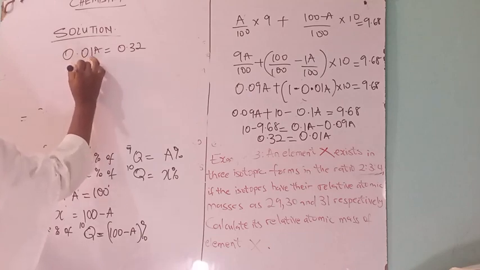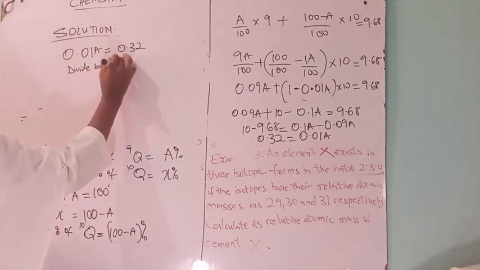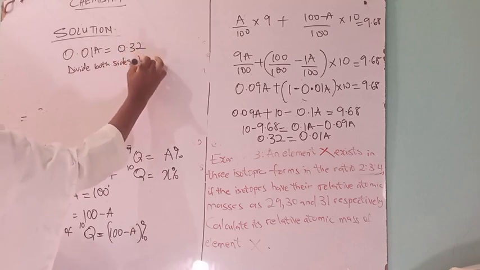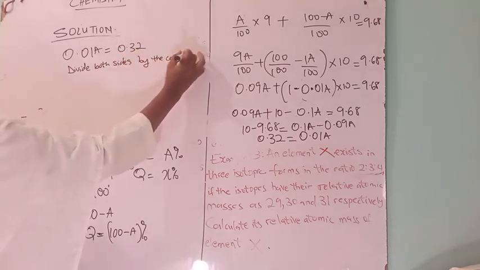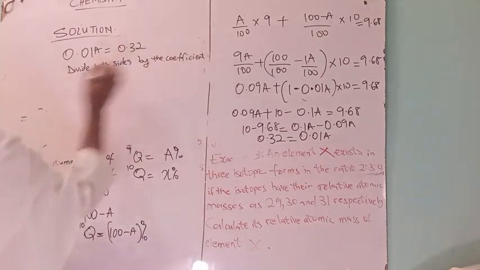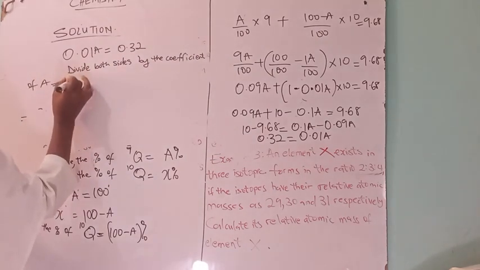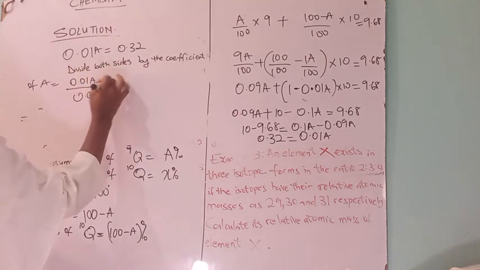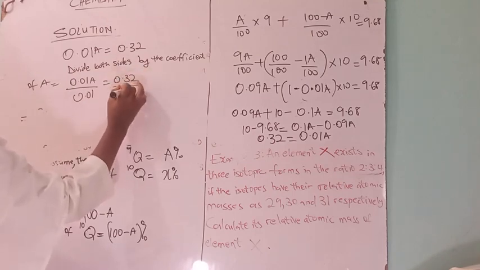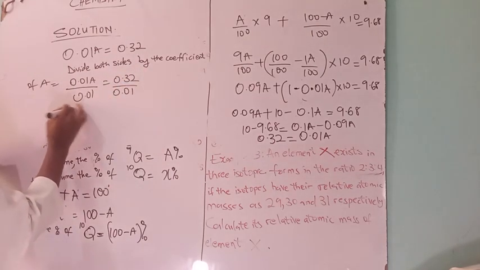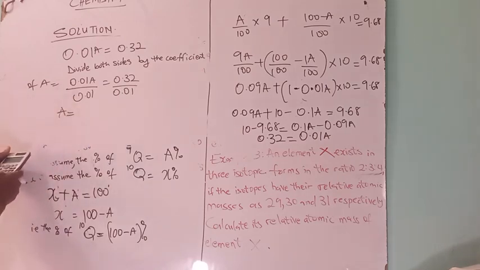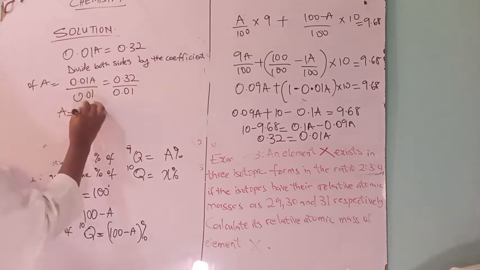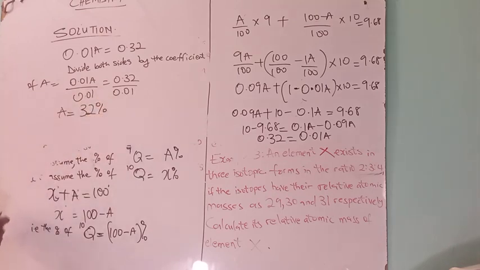Divide both sides by the coefficient of A, that is 0.01 divided by 0.01 equals 0.32 divided by 0.01. Then A equals 0.32 divided by 0.01, that is 32%.